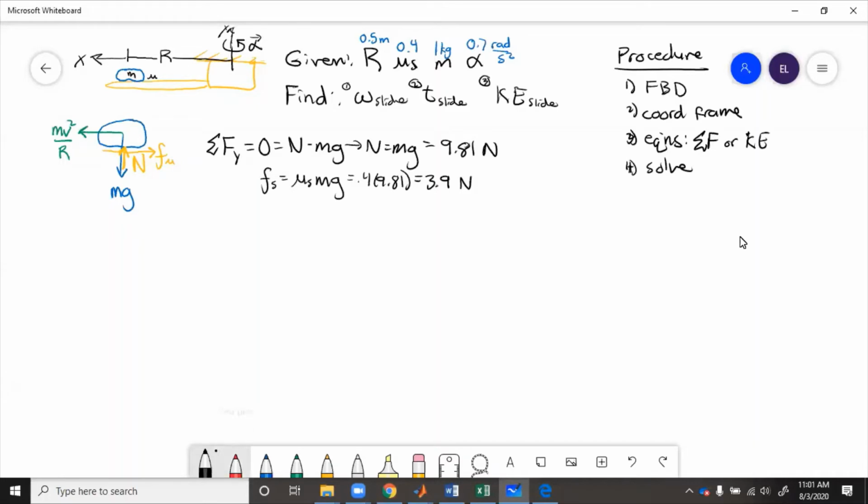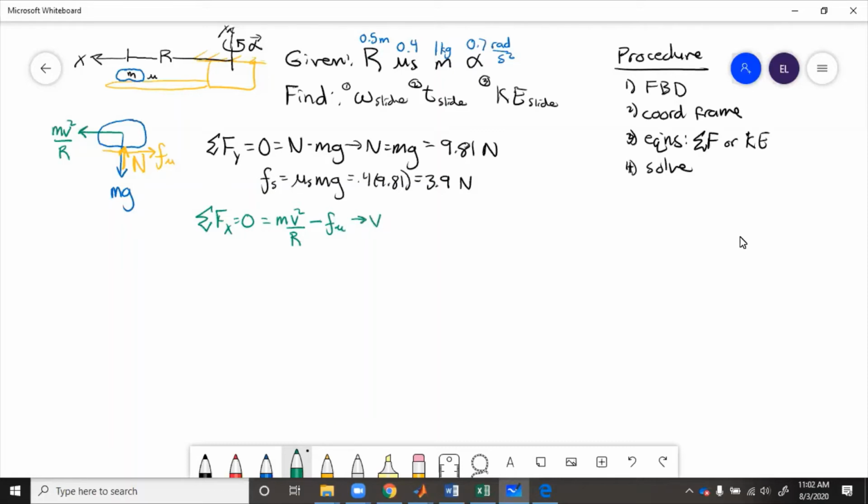So then in the X direction, sum of the forces in the X equals 0, because again, we want right as it's going to start sliding. So that is going to be mv squared over r minus f mu.